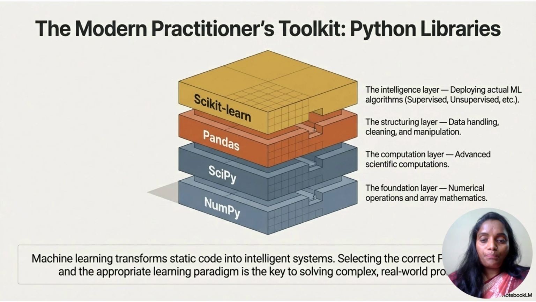And these are the Python libraries used for the toolkit. We have four types of Python libraries: NumPy, SciPy, Pandas and scikit-learn. First, the foundation layer is numerical operations and mathematical arrays, which is available with the NumPy package. For advanced scientific computation, we can use SciPy. And Pandas is used to manipulate, clean, and handle the data.